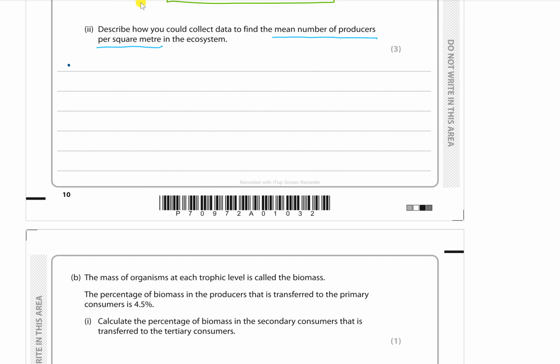The first thing I would write: I will use a grid system and generate a, and this is the key, random number, just on a computer.